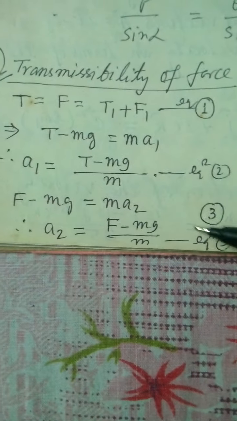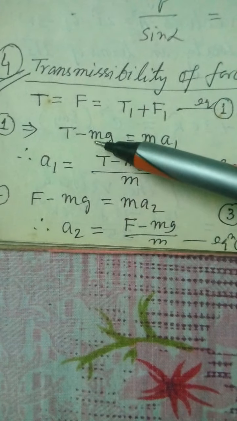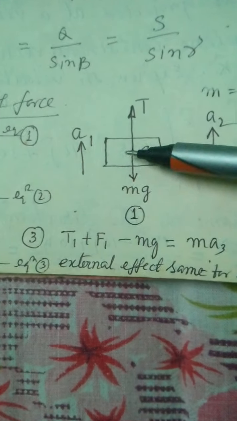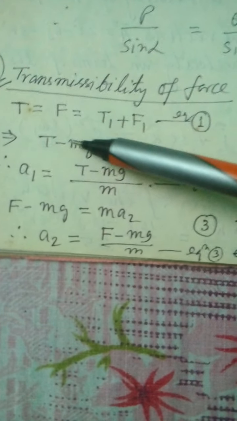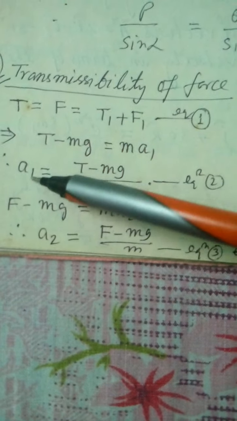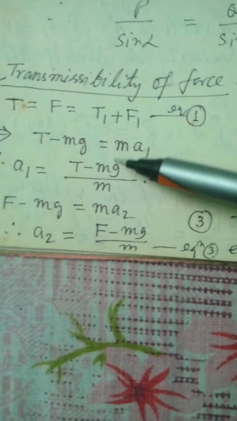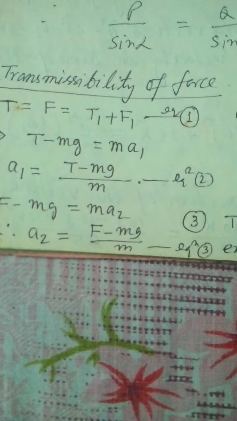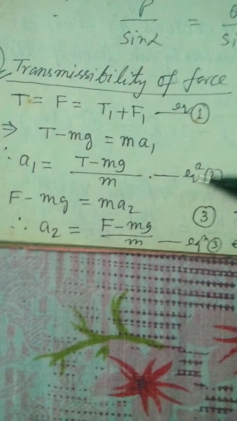This is equation number 1. Now in the first figure, T minus mg will be equal to mass into acceleration, by Newton's second law. So T minus mg is equal to m into a1, so a1 is equal to (T minus mg) by m. This is equation number 2.